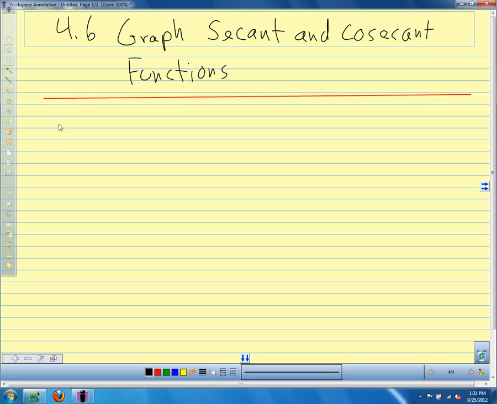So to graph them? Our first step is to write and then graph the parent function.